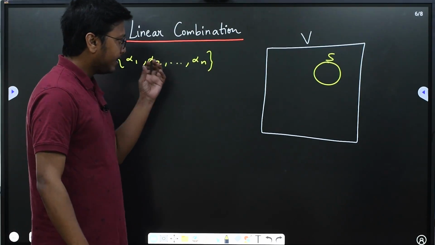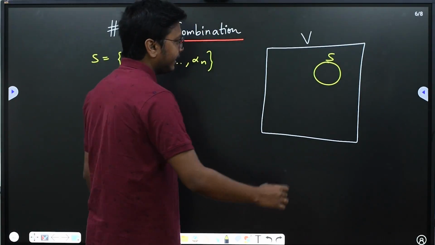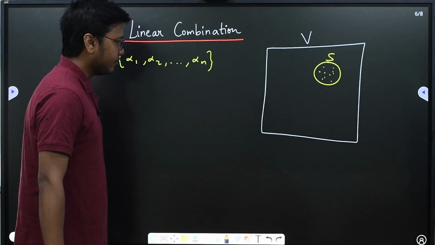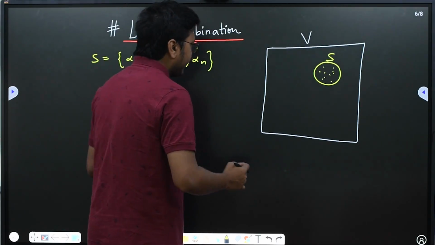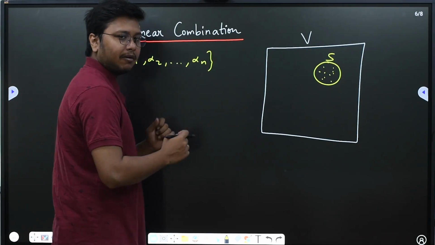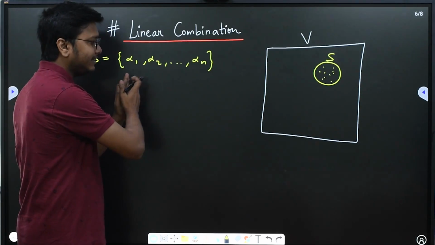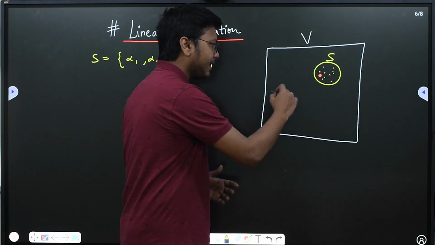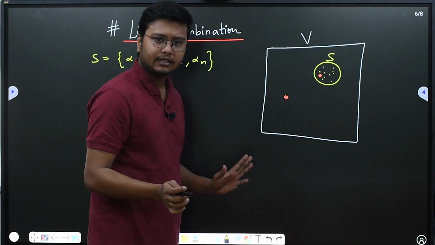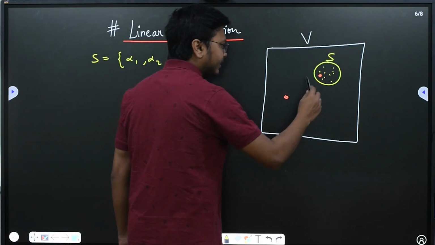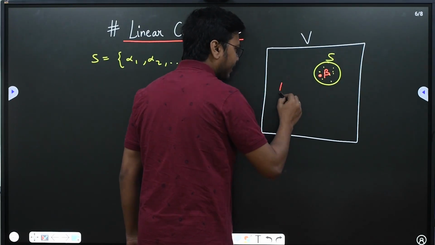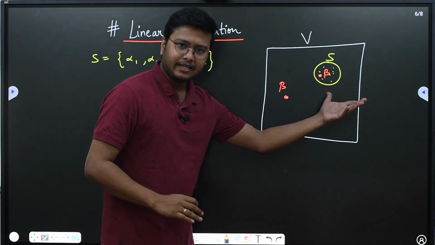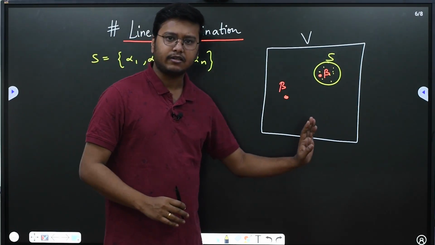Okay, so I have taken a few elements from the set S, which is nothing but a set in the vector space V. Now I want to generate some element with the help of these elements. That element may lie inside the S set, may lie outside the S set. That's not a big problem. Let's say the element which I want to generate, the name of that element is beta. Okay, it may be inside the S set, it may be outside the S set also.